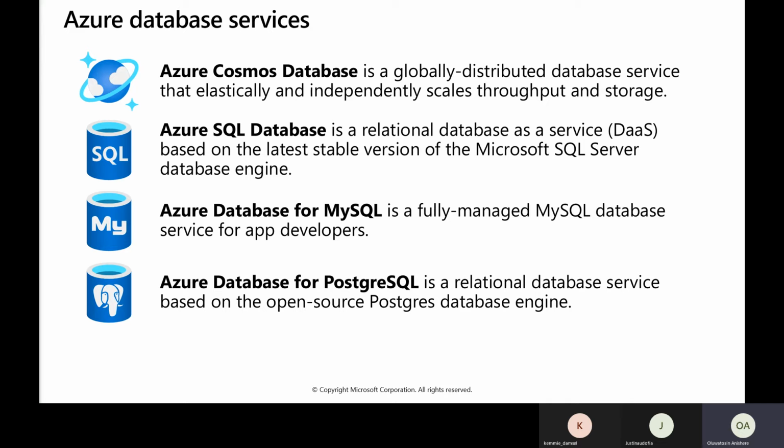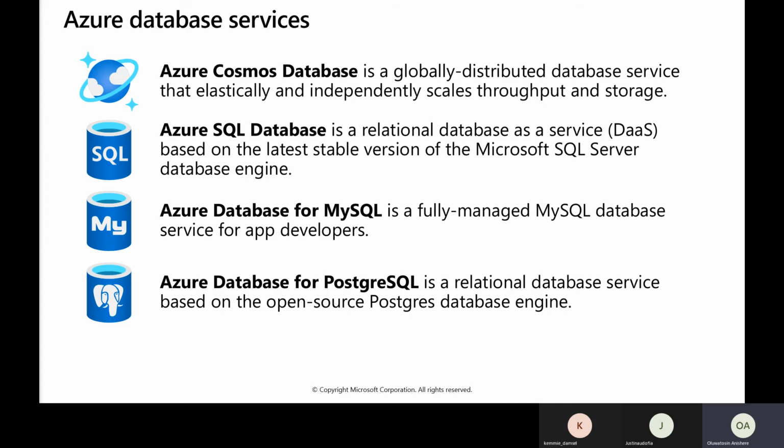But what you should know right now with regards to the Azure database services is that we have all of these options. We have the likes of Cosmos Database, we have the Azure SQL Database, Azure Database for MySQL, which is targeted towards app developers. We have the Azure Database for PostgreSQL, which is open source and can be utilized with Microsoft Azure.